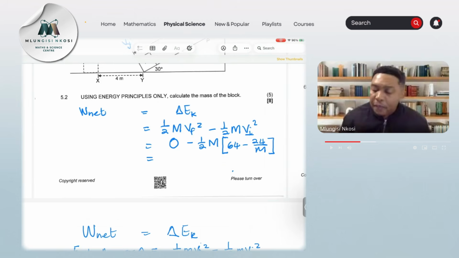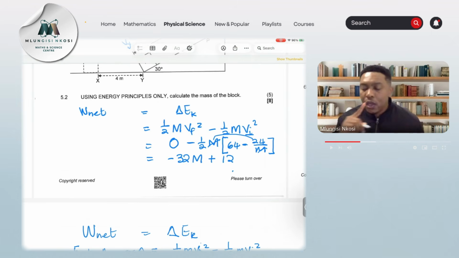So that means I'm going to have a half of m times 64, which will give me 32. So I've got minus 32m. And if I multiply this to the other, the m's cancel, and a half of 24 will give me 12. So which means this would be plus 12. Remember, a negative times a negative should give me a positive. Right, now this is what I have on the one side.